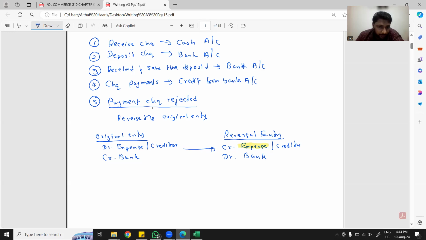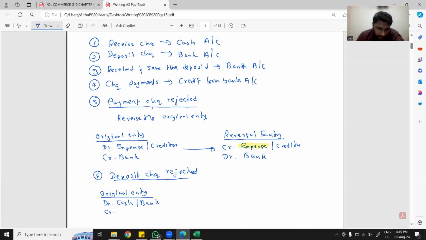Sixth one, deposit check rejected. Original entry, debit cash or bank.